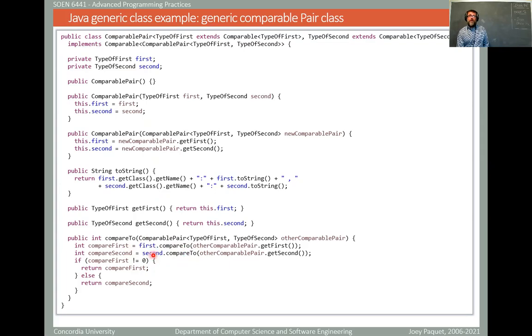So the first of one object should be comparable to the first of another object, and the second of one object should be comparable to the second of the other object that I want to compare. So that's why type of first should implement the Comparable interface, and type of second should implement the Comparable interface. So type of first extends Comparable of type of first, and type of second extends Comparable of type of second.